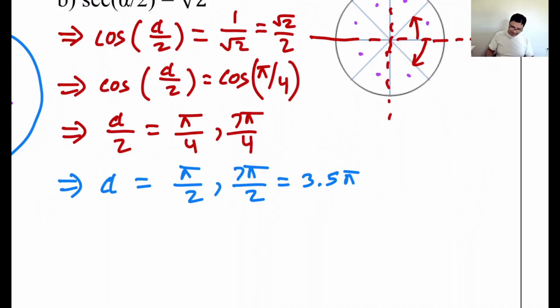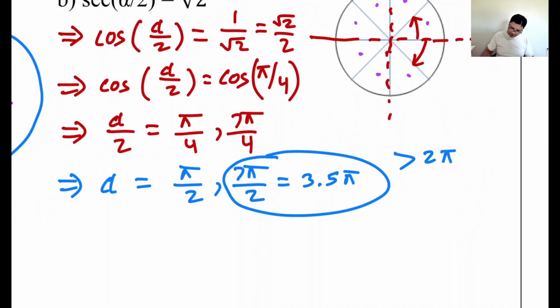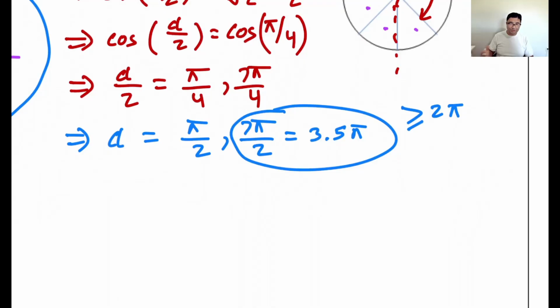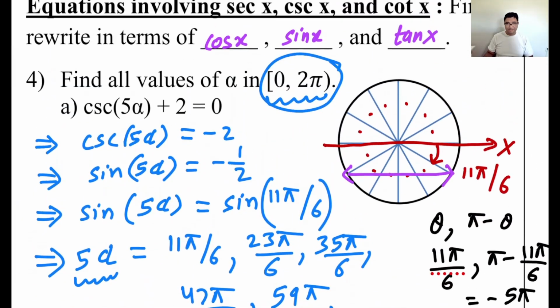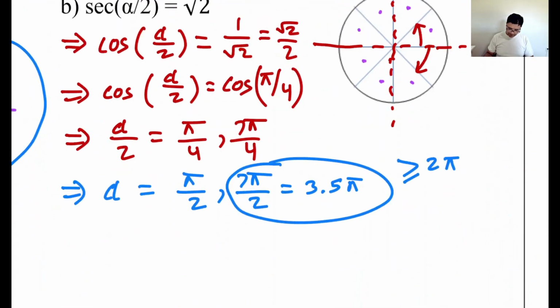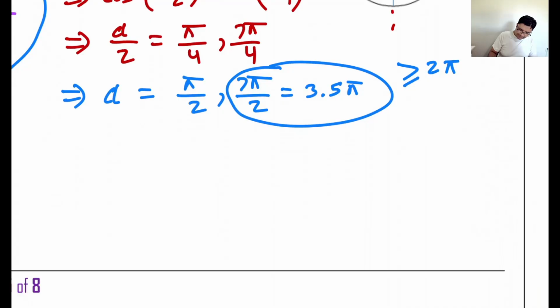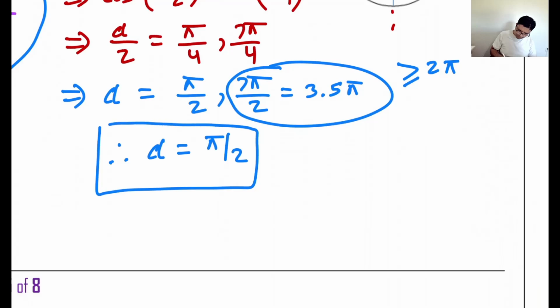If it is equal or greater than 2 pi, you can discard it, because we are asked to write solutions in the interval 0 to 2 pi. So your answer here is this. Therefore, the only solution you have to include is pi over 2. In multiple angles, if the angle itself has been divided, you will get fewer solutions.